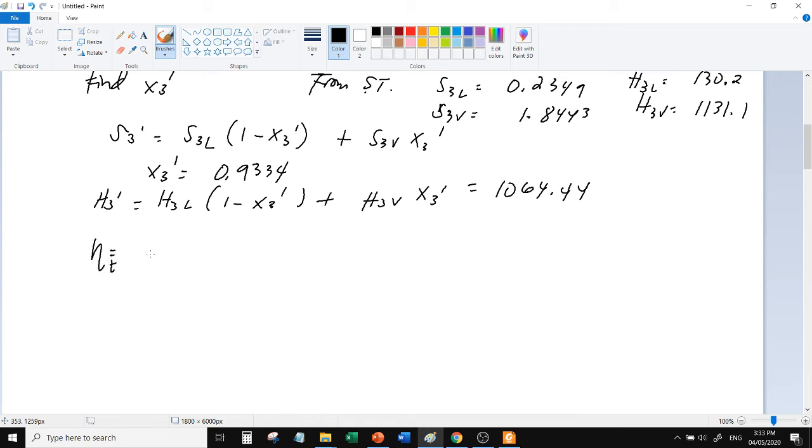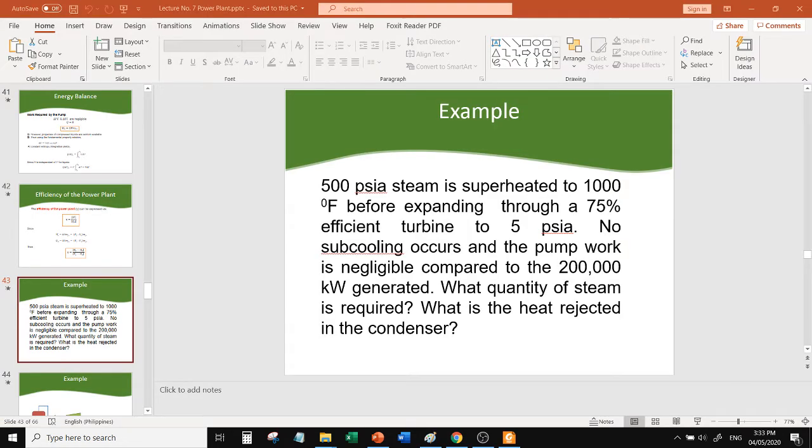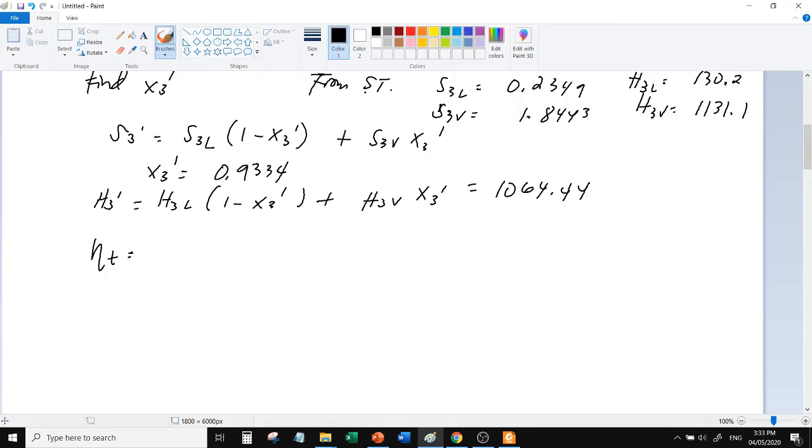So, for turbine, ang efficiency ay na binigay 0.75 sa problem. Ito siya, 0.75. Ano siya? Equal siya sa, ano yung nasa taas? Ano yung nasa taas? Pag efficiency ng turbine, yung mas maliit. So, mas maliit yung actual work.